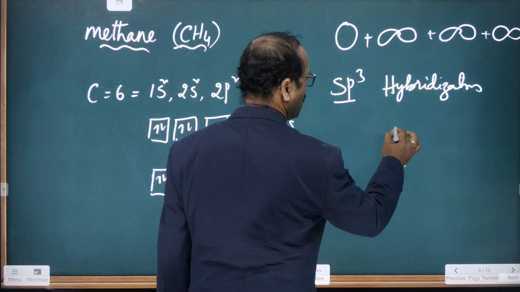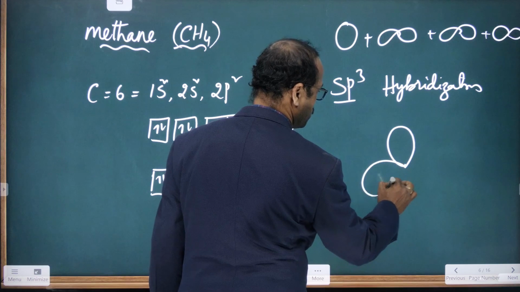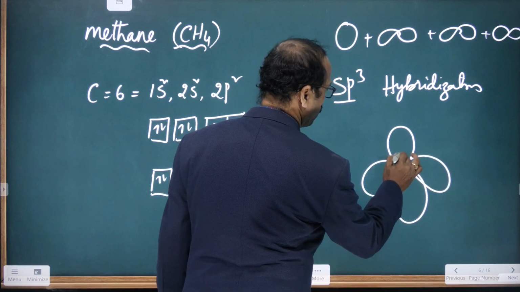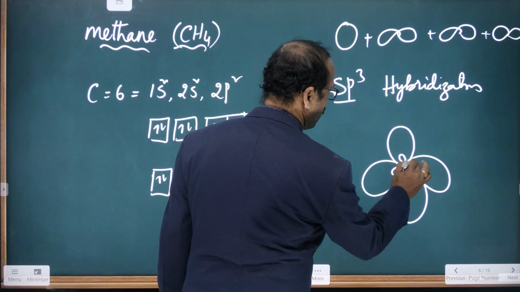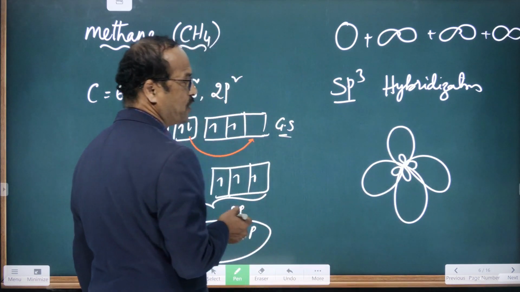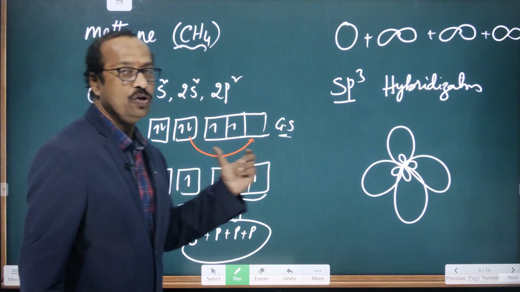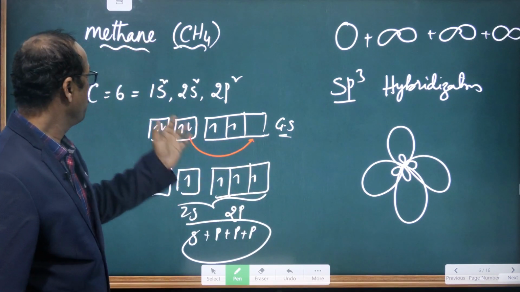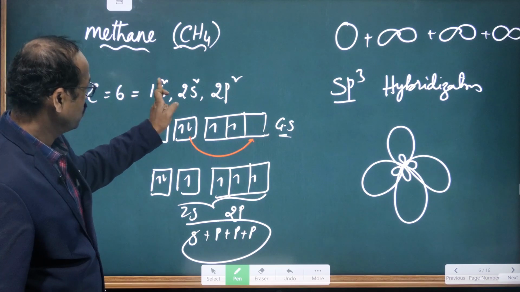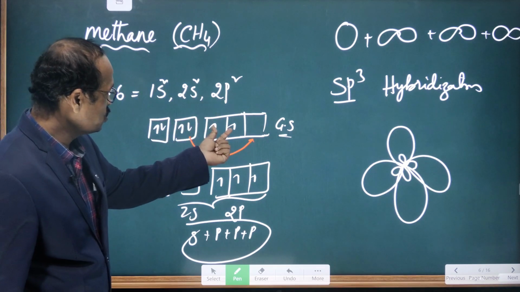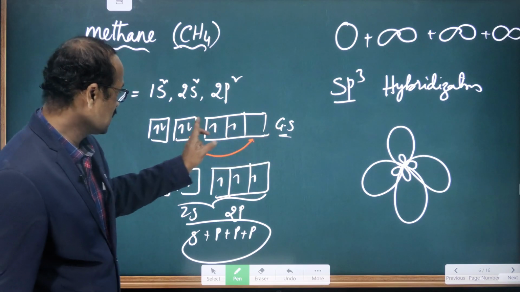They form like this: 1, 2, 3, 4. Clear? This is very important, and I am going to use that structure in the next topic. So carbon has atomic number 6, configuration 1s2, 2s2, 2p2: the s orbital has 2 electrons, the p orbital has 2 electrons, but this is called the ground state, and then the excited state.